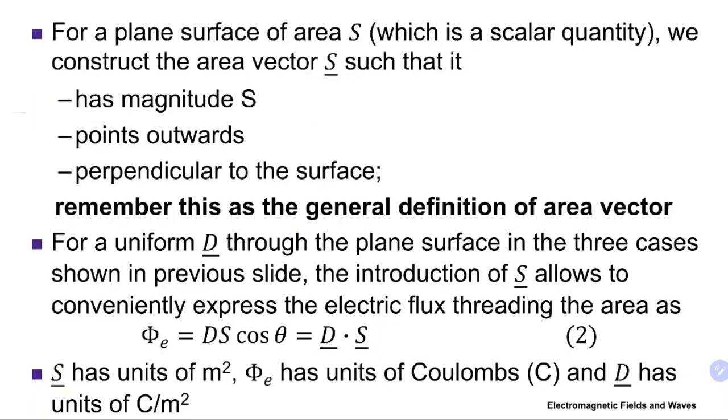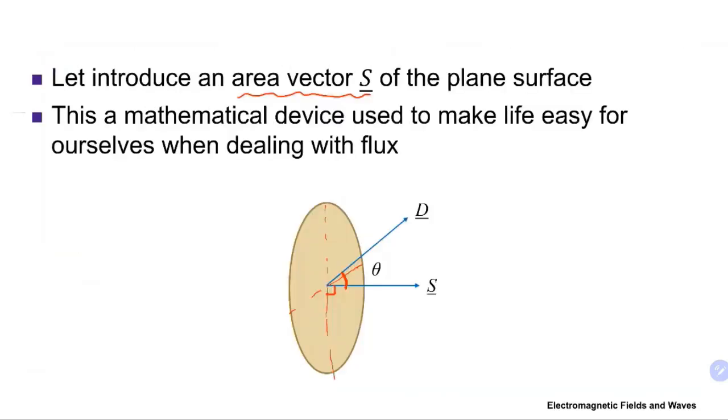And therefore we can write down our electric flux as a dot product of two vectors. Dot products, we know about dot products, yeah? A dot B, that will be the magnitude of A times magnitude of B times cos theta.